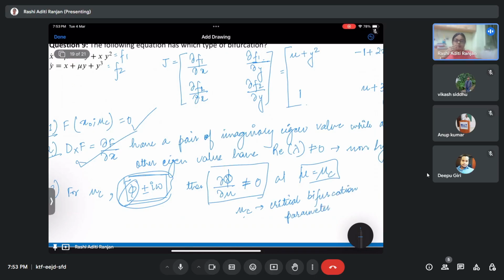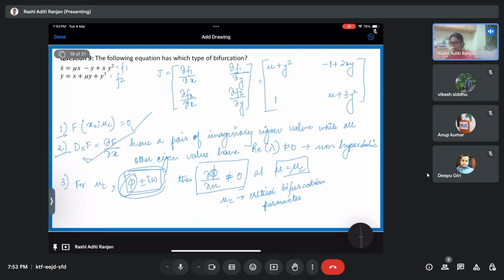Mu c is nothing but the critical bifurcation parameter. So this partial differentiation should not be equal to 0 at mu equals mu c. So first we have to differentiate, then we have to put in the value of mu c.